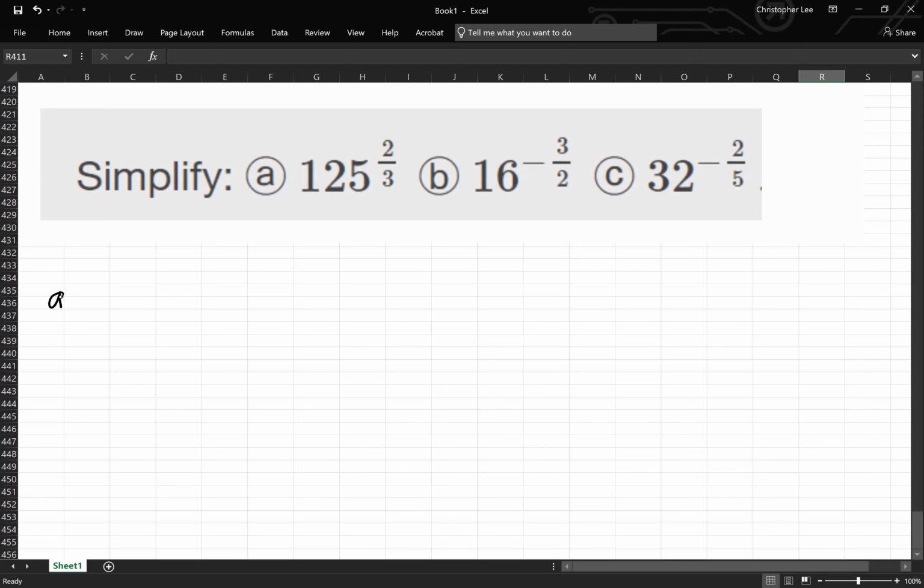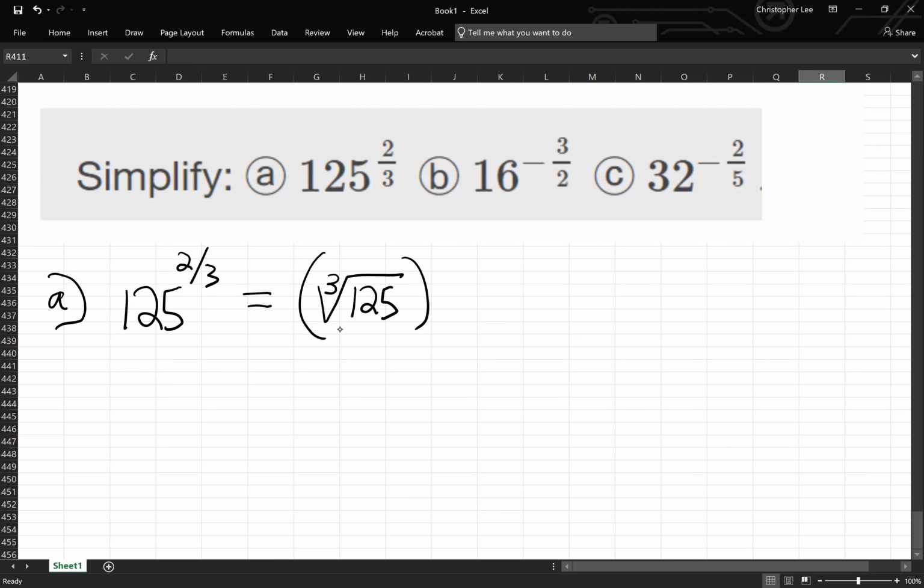So they want to know what is 125 raised to the 2 over 3 power, right? I'm going to do this first one. So the easiest way to do this is to use the index. Find the cube root of 125, and then whatever answer you get there, you square that.